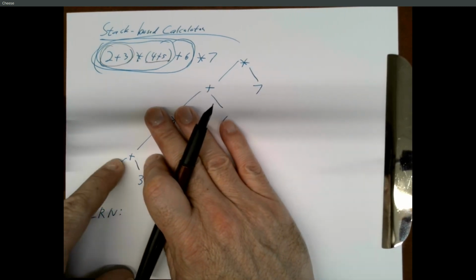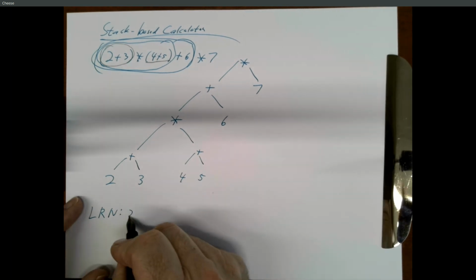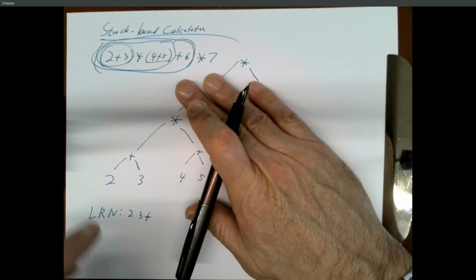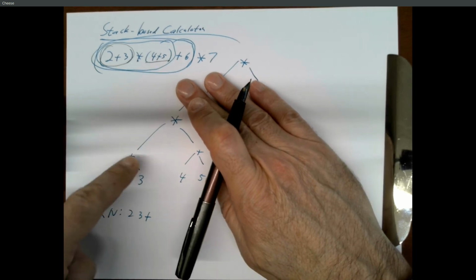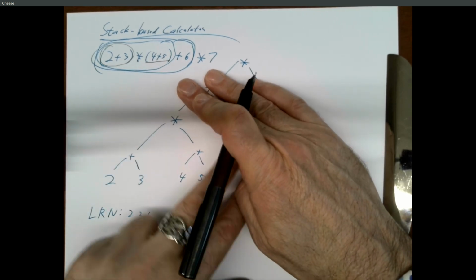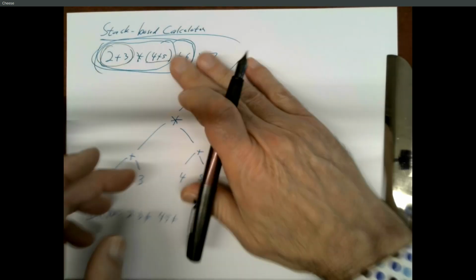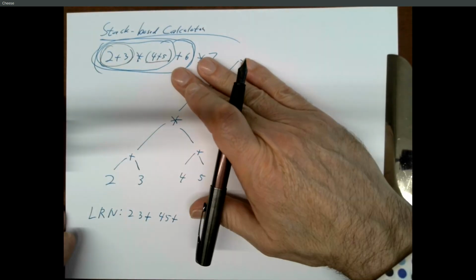So that'll be 2, 3, and plus. And if I'm traversing this tree, first I traversed the left subtree, that was 2, 3, plus. Now I'm going to traverse the right subtree, which will be 4, 5, plus. And then I'm going to visit the root node, which is the asterisk.